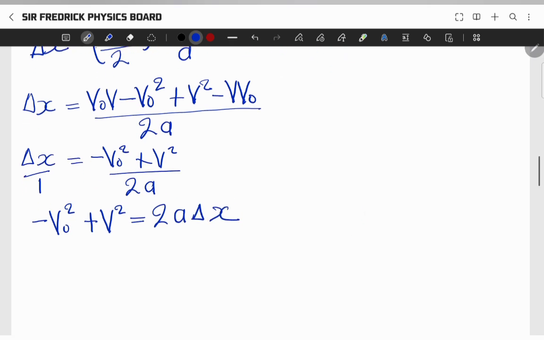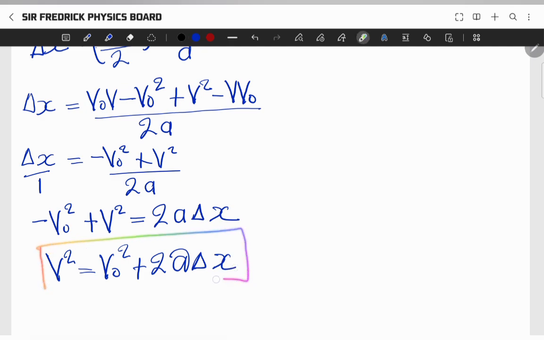Now we are going to make v the subject of the formula. It means that this will move over and become positive. So v squared is equal to v naught squared plus 2a change in x.